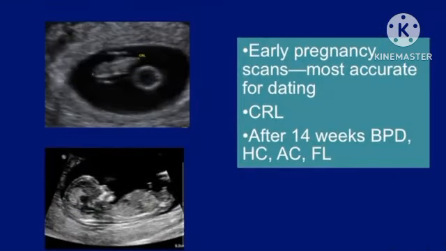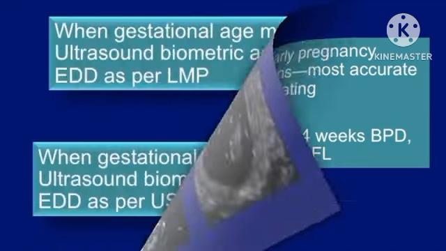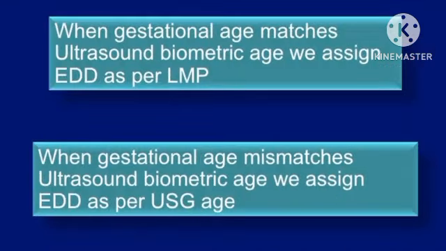So early pregnancy is the most accurate for dating, which is by CRL, and after 14 weeks it is the different measurements that we take. So whenever the gestational age matches the ultrasound biometric age, we assign the EDD as per the LMP. When the gestational age mismatches the ultrasound biometric age, we assign the EDD as per the ultrasound age.